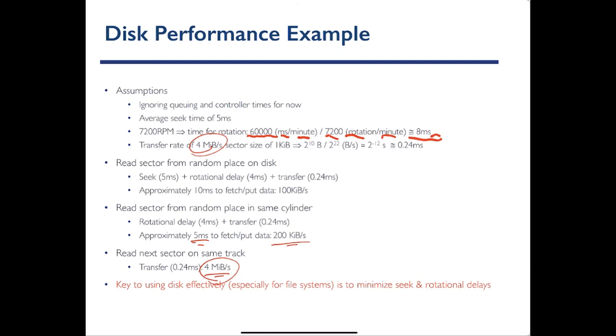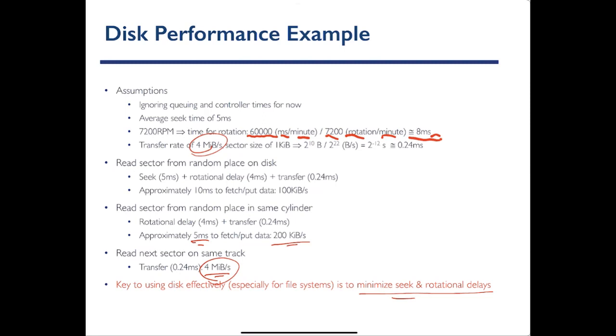So this example shows you that putting data smartly on the disk, or doing some sort of smart request management, matters. If you have a list of requests, and you can potentially sequence them in such a way that minimizes the arm movement and rotation, then you can get the highest bandwidth.